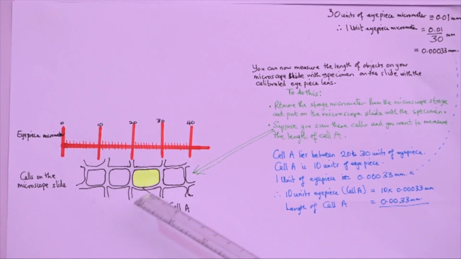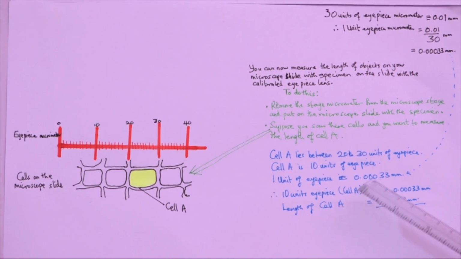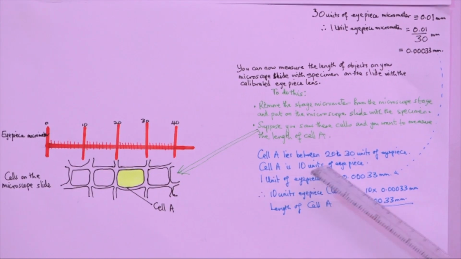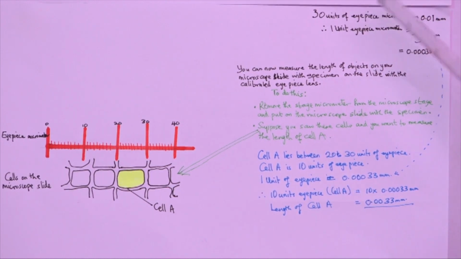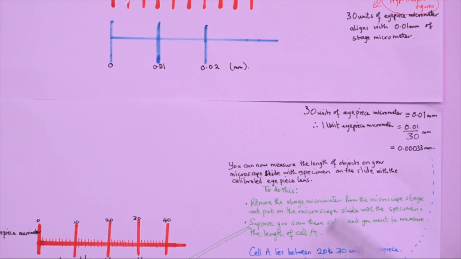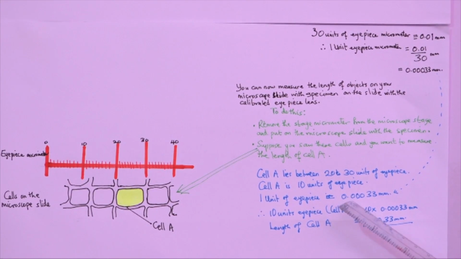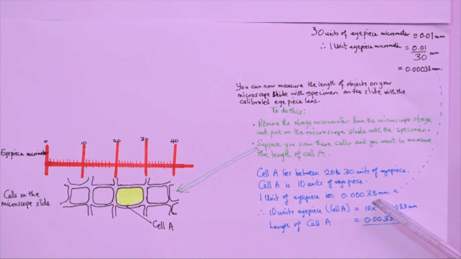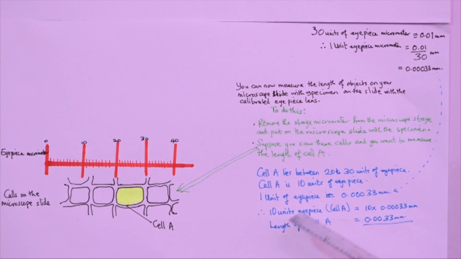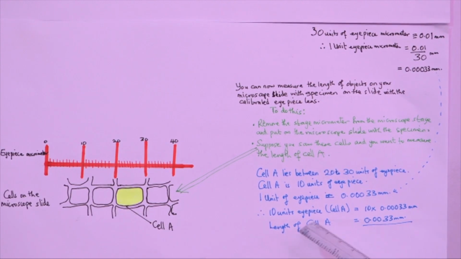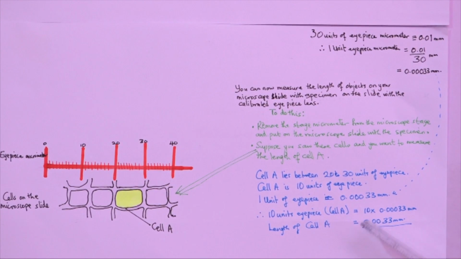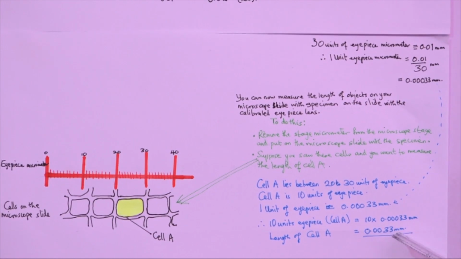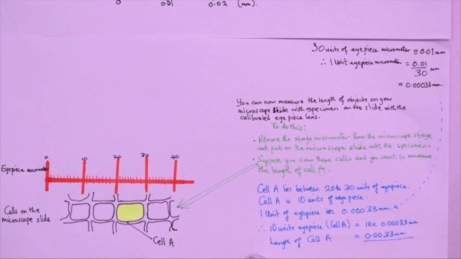So cell A is 10 units of eyepiece. We have calculated that 1 unit of eyepiece is 0.0033 millimeter. So 10 units becomes 10 times 0.0033 millimeter, which is the length of this cell.